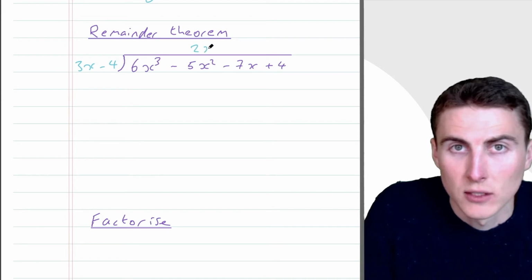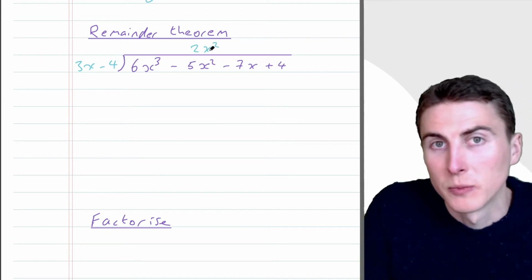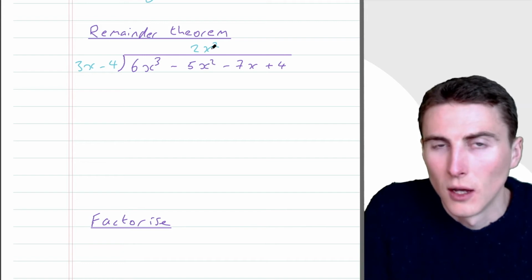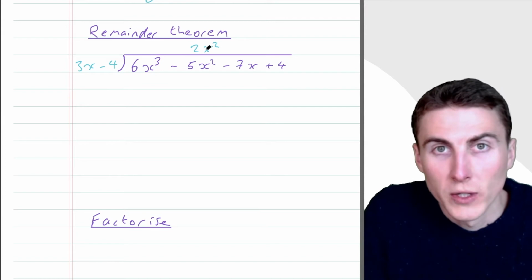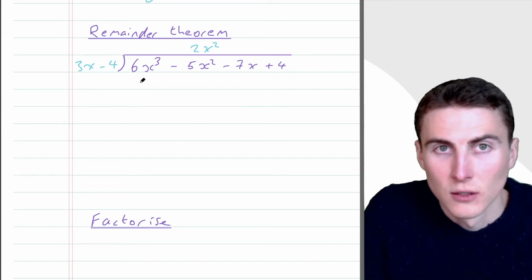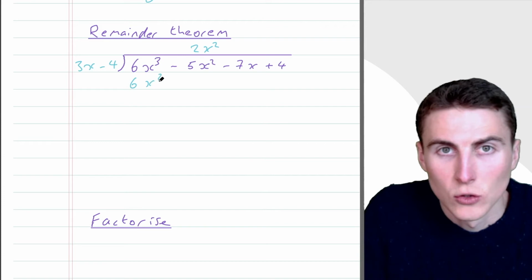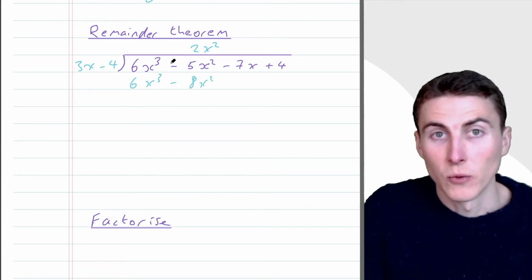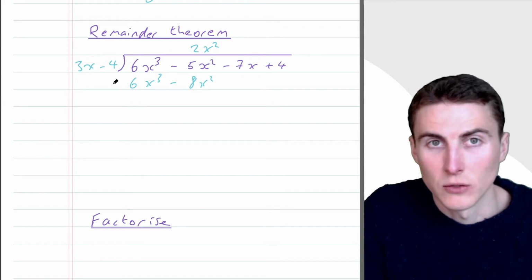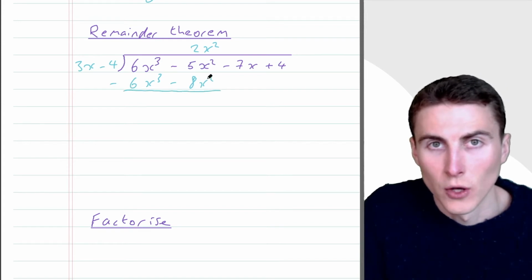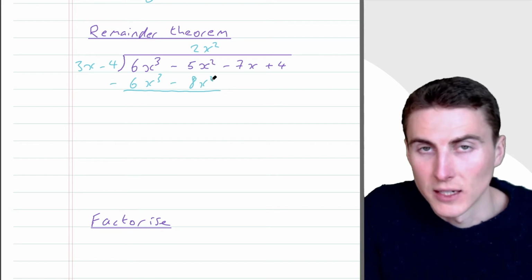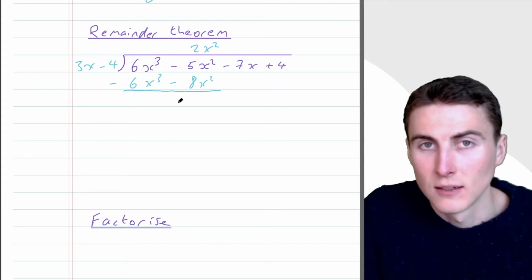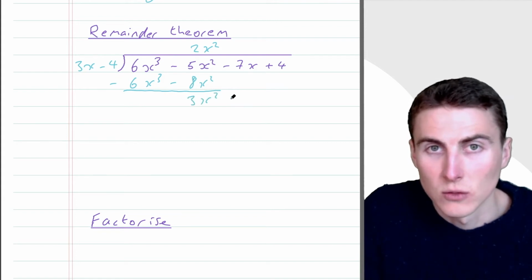I pop the 2x squared here, above the x squared, but some people put it over here. To be honest, it doesn't really matter. Then we multiply this 2x squared by each of these, which gives us 6x cubed minus 8x squared. Then we take away these two terms: negative 5x squared, take away negative 8x squared, is the same as adding, which gives us positive 3x squared.